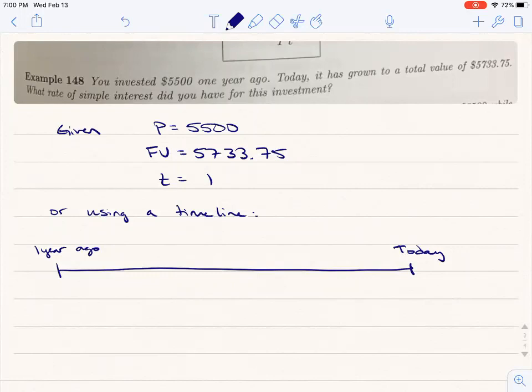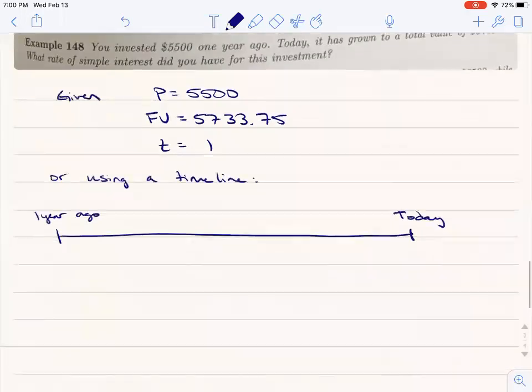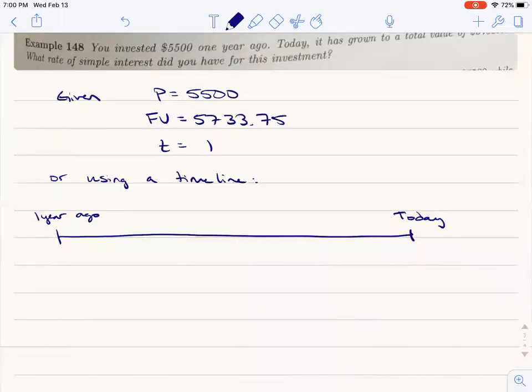It's just going to take a little bit of practice to read the problem and figure out what dates are in there. You invested this amount a year ago, so you'll want to put that on your timeline. And then today: how much is it worth today? So dates on top, amounts on the bottom.